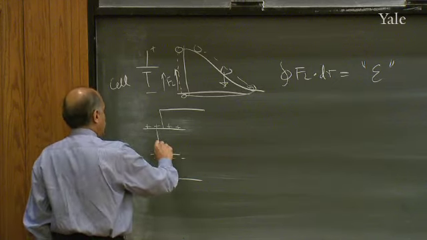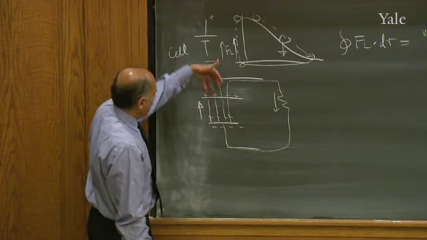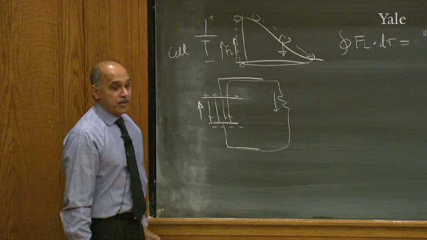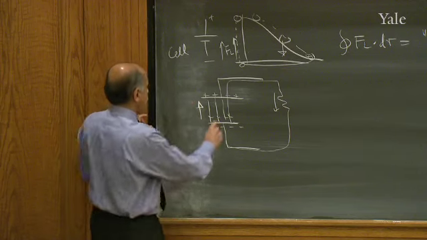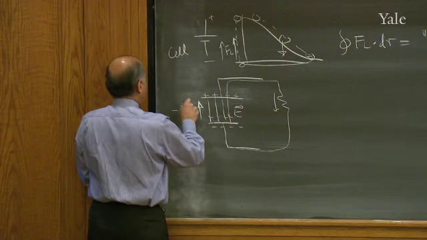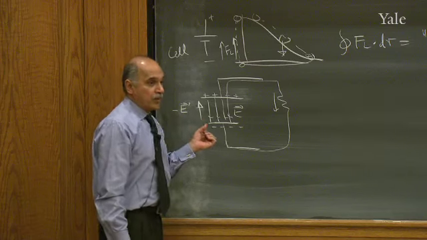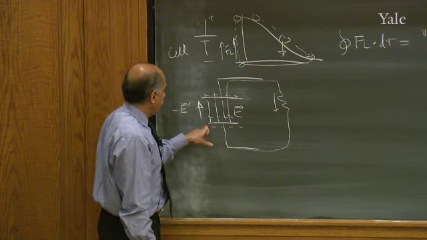Inside the cell, if the current flows this way, the current has to go like this. The electric field is actually pointing down between the plates. That's not what makes it move, because there's an extra force. This is your electric field. There's an extra force called E prime, which is of chemical origin, which pushes your charges against their will from lower potential to higher potential.